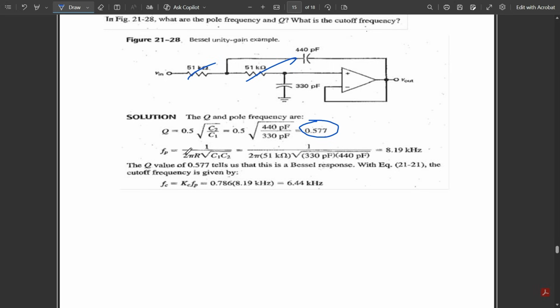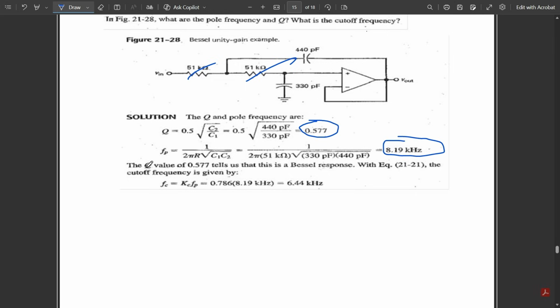Before that we require the pole frequency. So pole frequency Fp is calculated by 1 divided by 2 pi R into square root of C1 C2, that is 1 divided by 2 pi into 51 kilo ohm into square root of 330 picofarad into 440 picofarad. If you solve this, you would get 8.19 kilohertz as the pole frequency. You can verify it later by checking it.